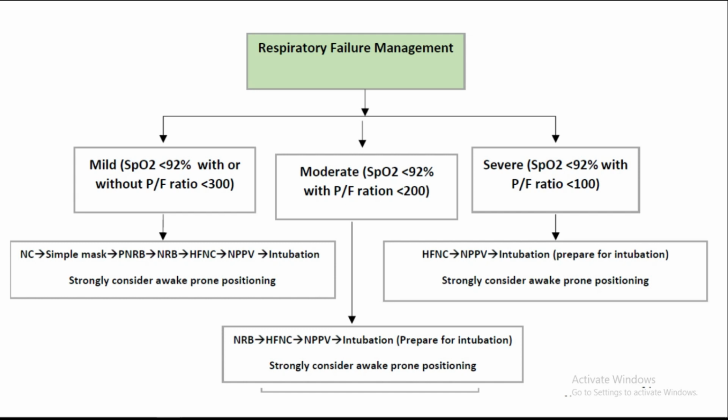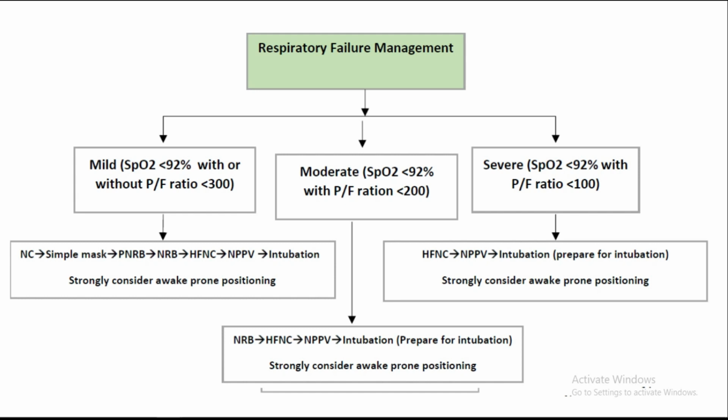If not improved, then intubation. And also in intubated patient, strongly consider prone positioning. Not only this, in every stage, if patient is awake or unconscious, I have said it before.